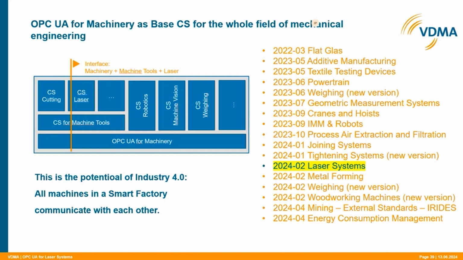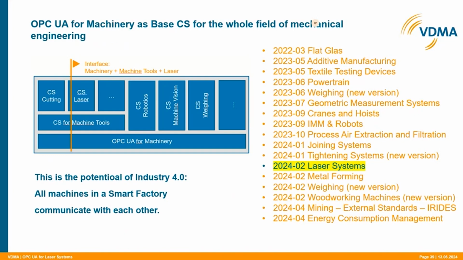And the laser has been specified since February 2024. And this is a shared language concept and gives us the ability to reach the overview, the interoperability of all the systems which are based on these machine tools.